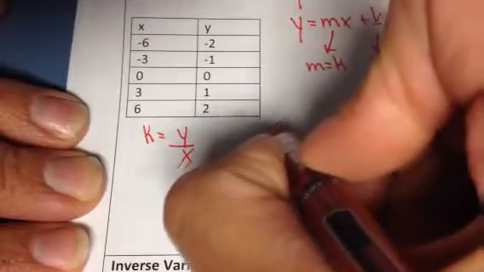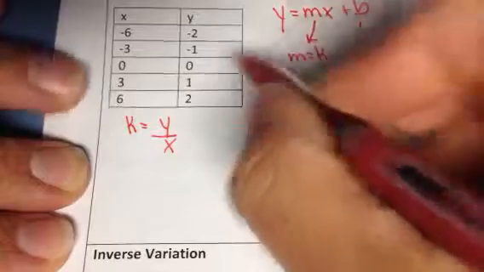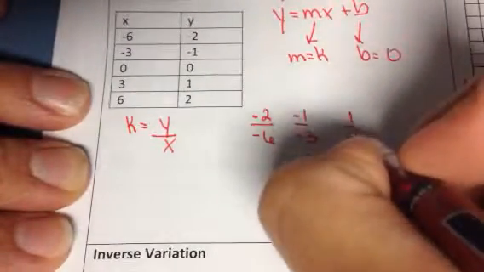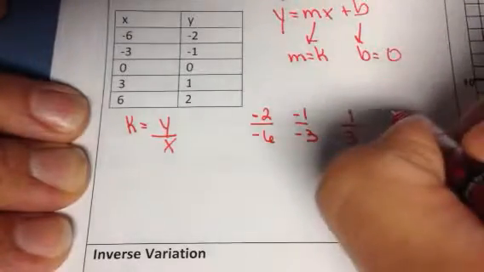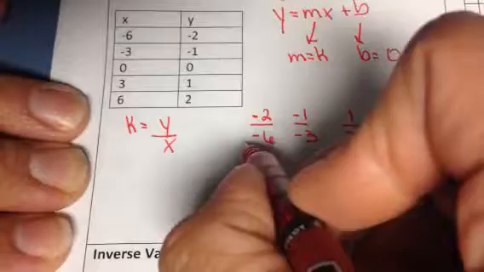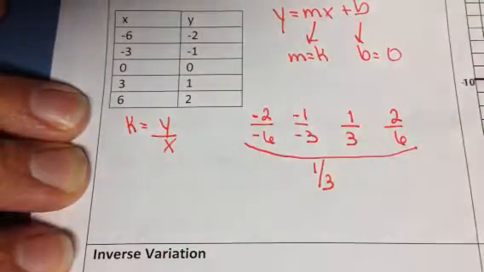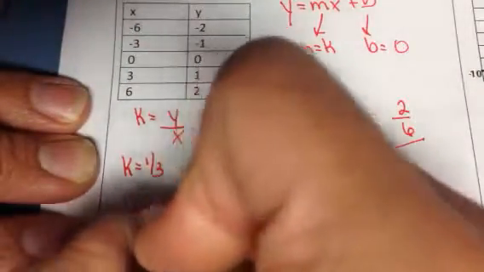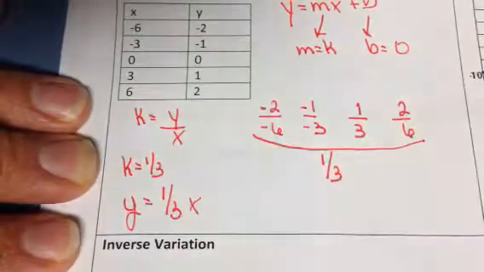So if I take -2 divided by -6, or -1 divided by -3, 0, 0 is not part of this because you're just going to look at the actual numbers. 1 over 3, 2 over 6. Then when I simplify all these fractions, I get 1/3. And that's what k is. k is 1/3. And now when I want to write my equation, it's y equals 1/3 x. y equals mx, and then my b would be 0.